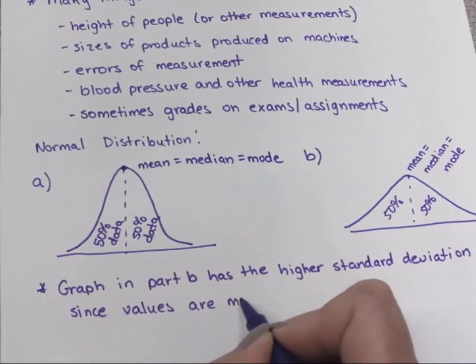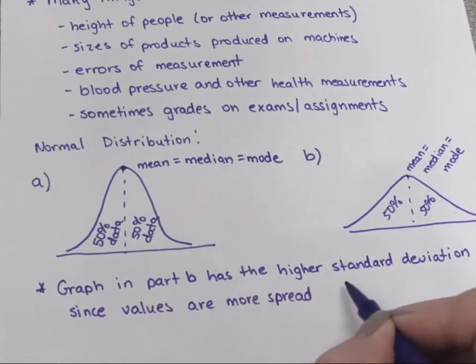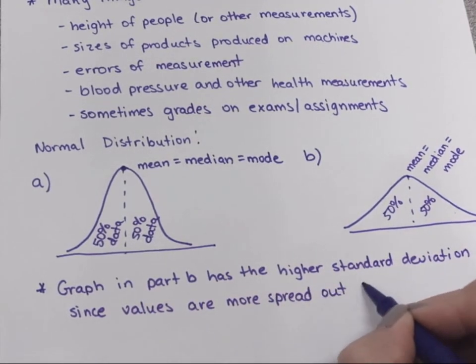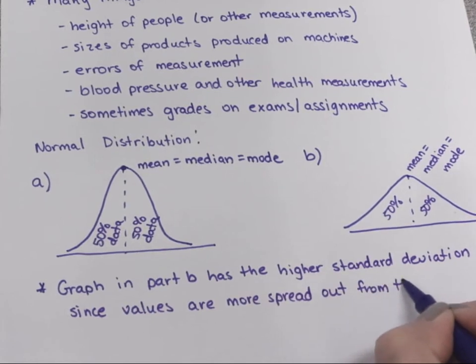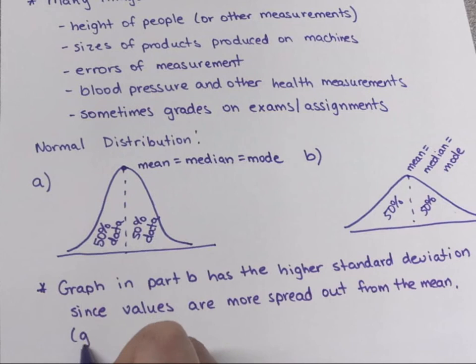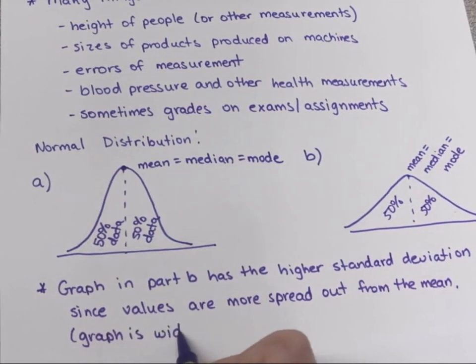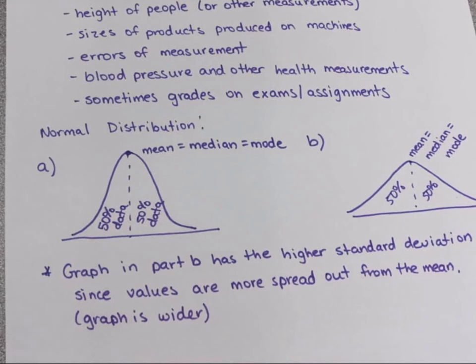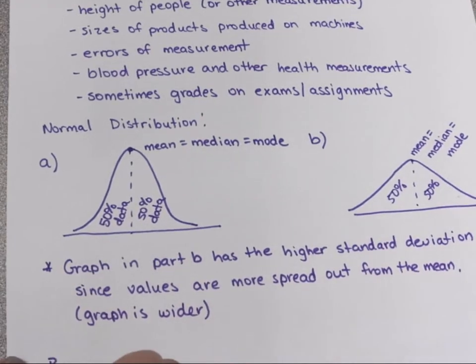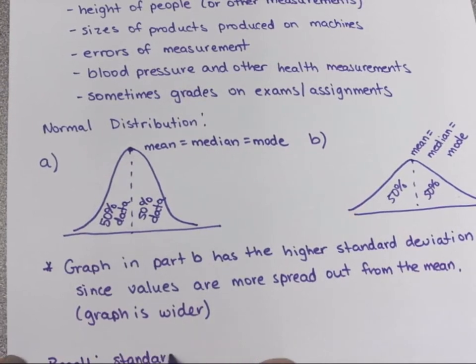So the values are more spread out from the center. In other words, the graph is wider. In case we've forgotten, we just covered it, but recall that standard deviation measures how far away from the mean you are.